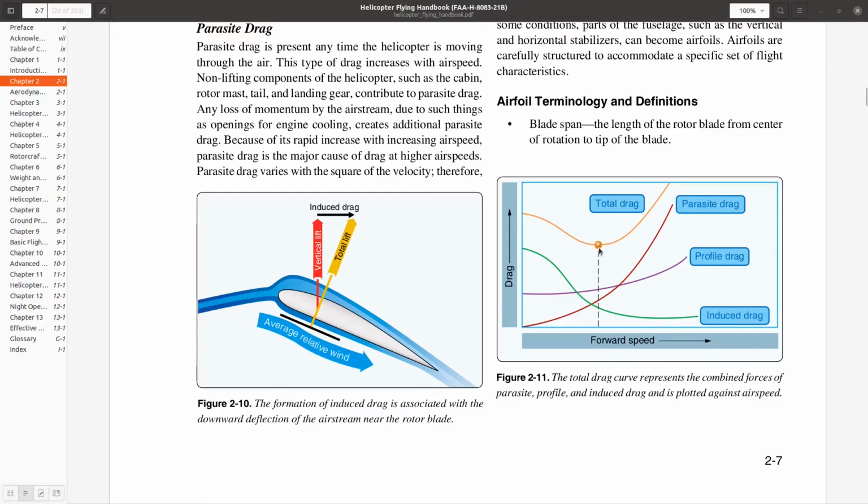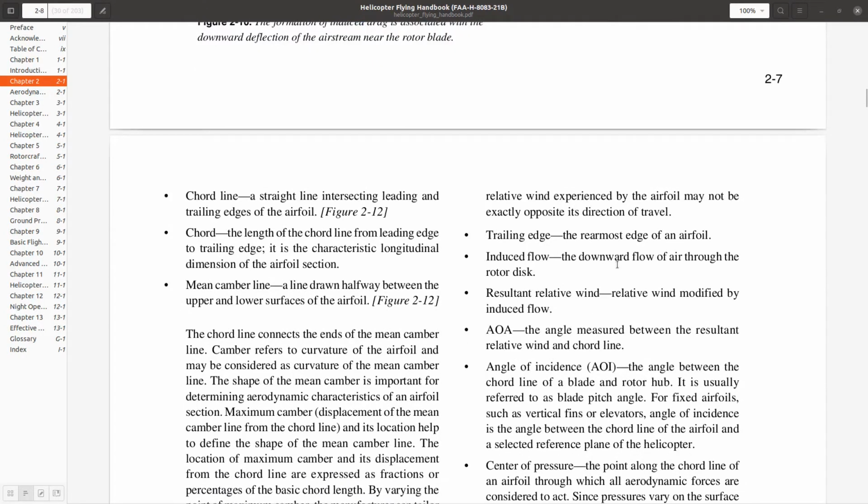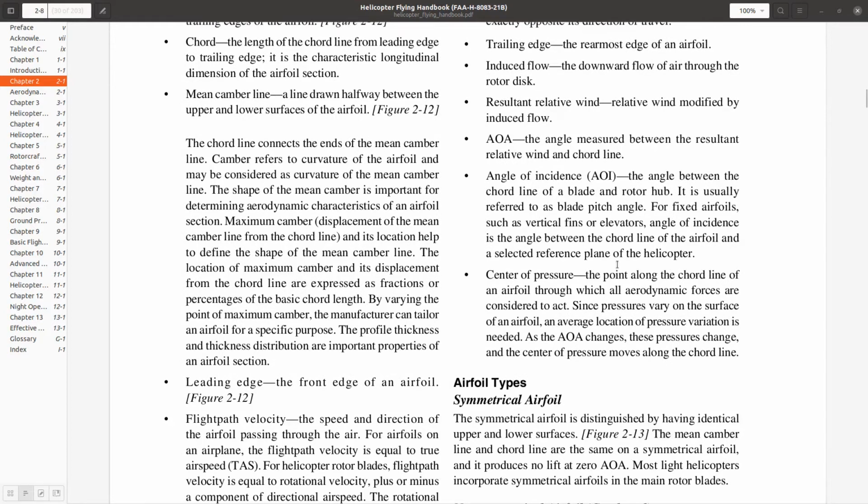And then we have this minimum point, which we sometimes call L/D max. This is the most efficient point for an aircraft because we have the least amount of drag for the speed. And that's going to be in a very different place from a helicopter to the airplane. Right?